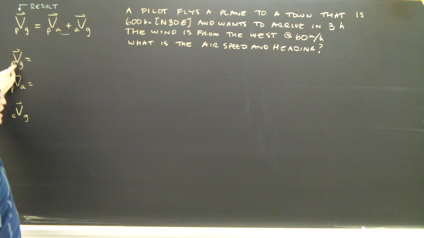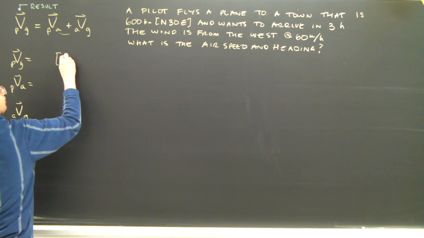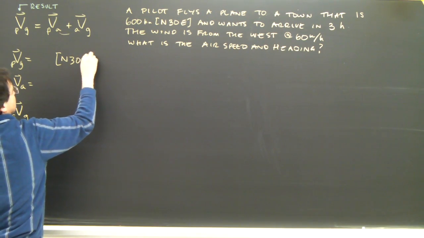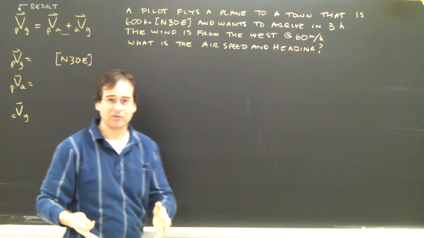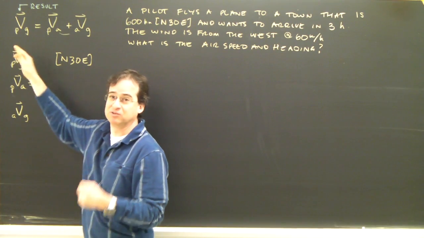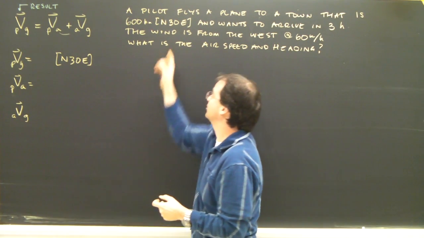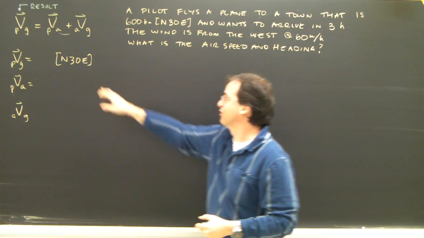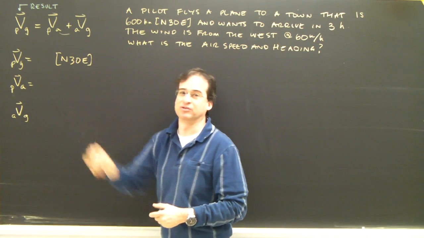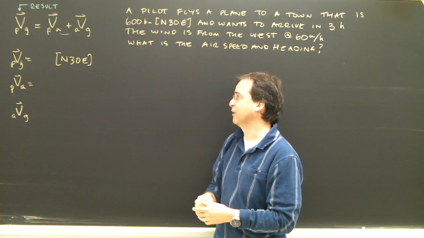I want the plane to end up going north 30 east. The resultant velocity of the plane means what actually happens, and I actually need it to go to this town. So that is the direction of the resultant velocity of the plane relative to the ground.